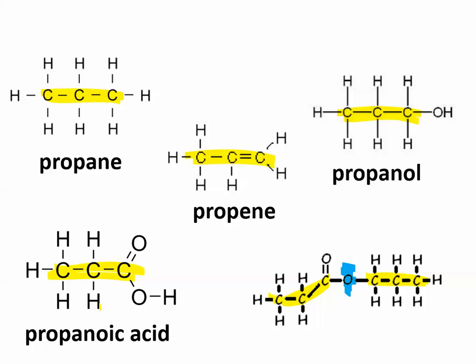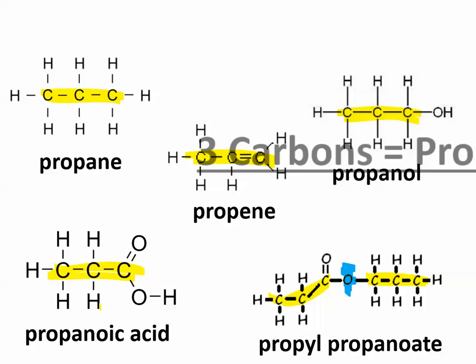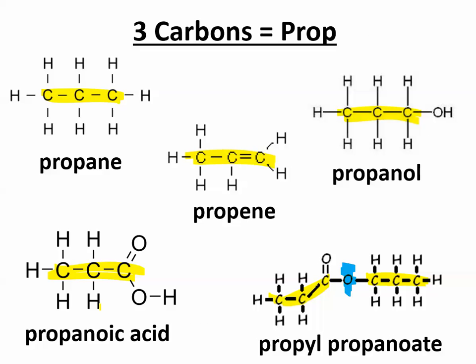So it has a functional group of COOH. And then we've got propyl propanoate. That means three carbons is prop. So prop, prop, prop, prop, and prop.